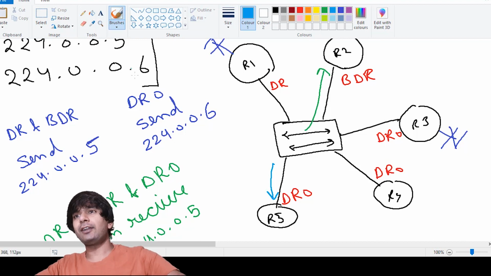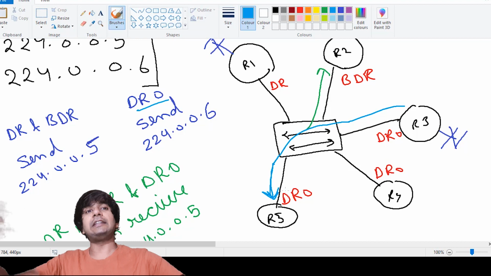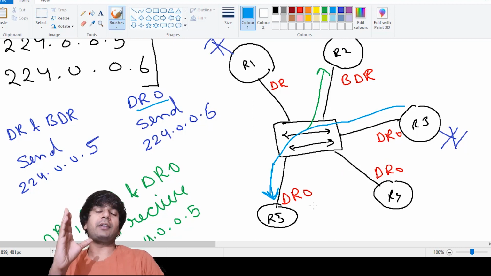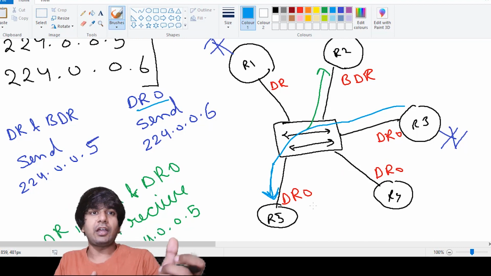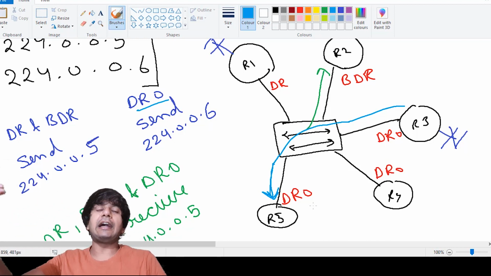Only a DROther can send an update packet with a destination IP of dot 6. That means an update packet coming from one DROther cannot be accepted by another DROther. So one DROther will never accept a routing update coming from another DROther. A DROther will always listen to its DR and BDR.